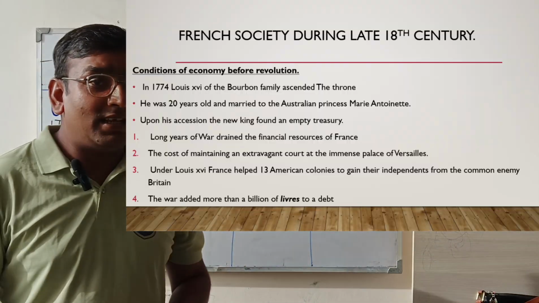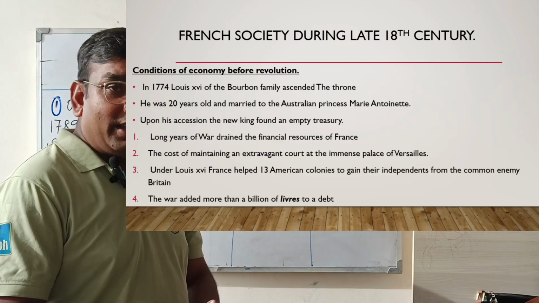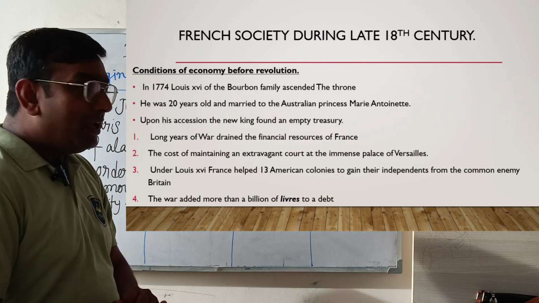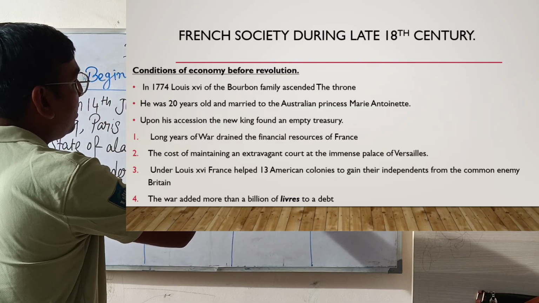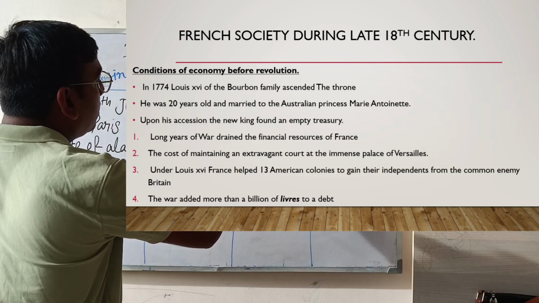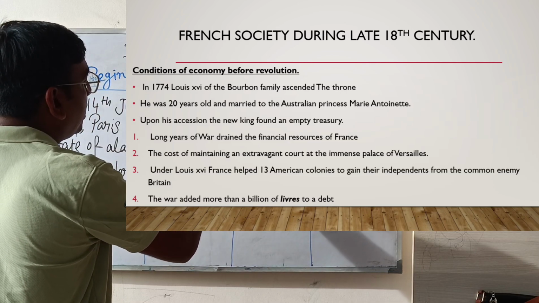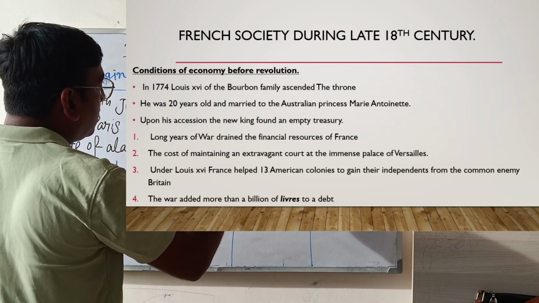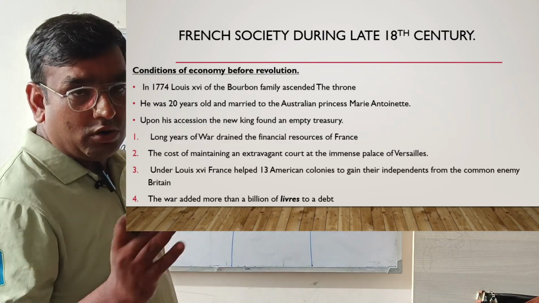You can see on my left the slide on the economic conditions. You can write it as a note also. Economic situation: in 1774, Louis XVI, the Bourbon king, ascended the throne.